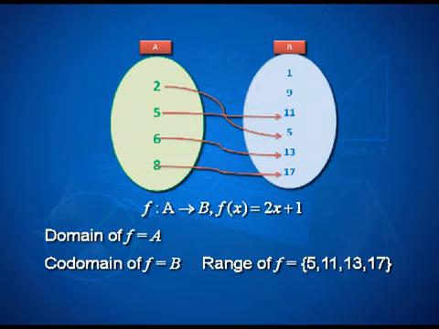So, range and codomain may not be equal. We saw that earlier as well when we talked about codomain and range of a relation. And do not forget that f is always a relation. So, whatever we had learned earlier stays true even now with an extra condition added in.